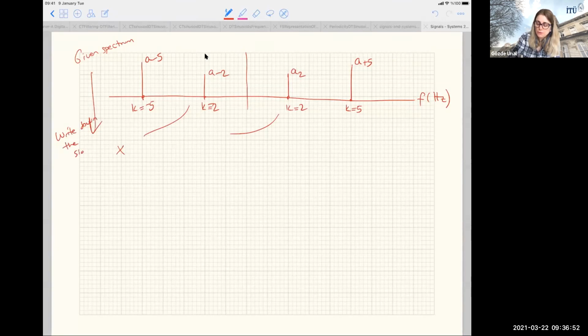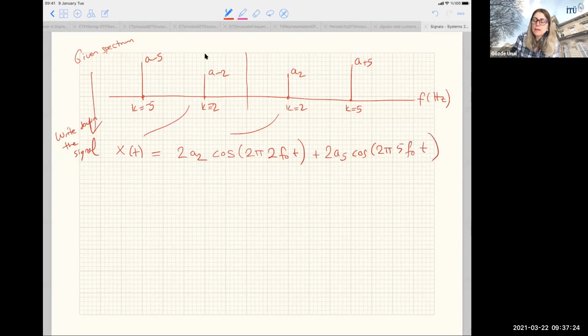Signal x of t. Just bring here, because I know from Euler formula, I will have, these were the 1/2s, 2a2. We will be doing this, but okay, cosine 2 pi. This is 2 hertz, we said, right? K equals 2, f0t. I know this is there, and I have 2a5 cosine 2 pi 5 f0t.